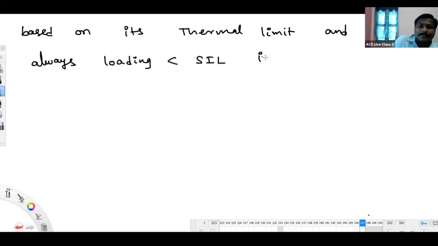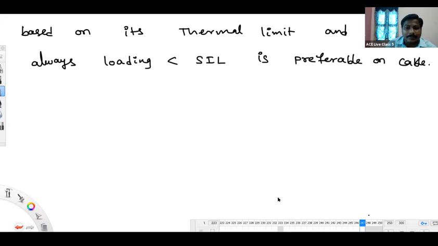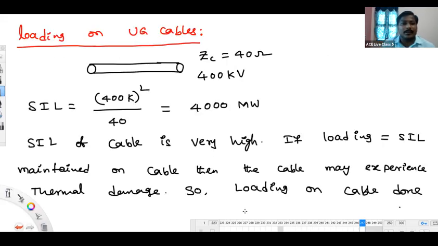Loading less than SIL is preferable on the cable.